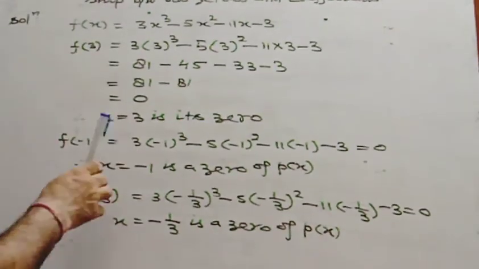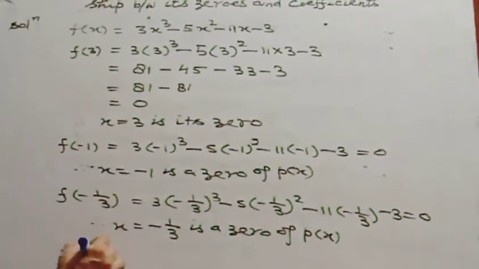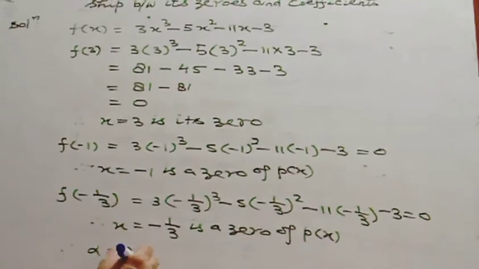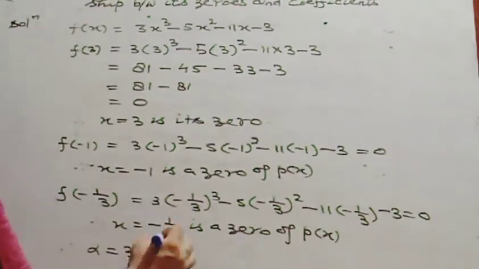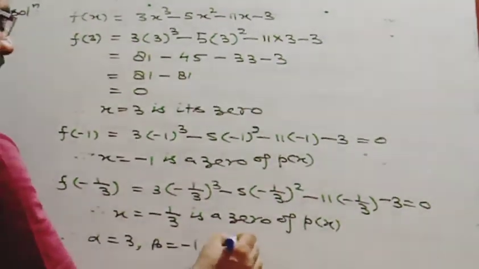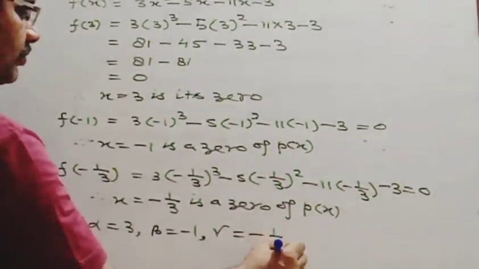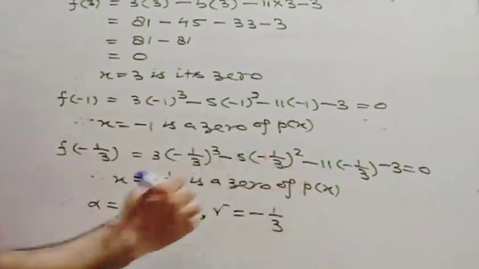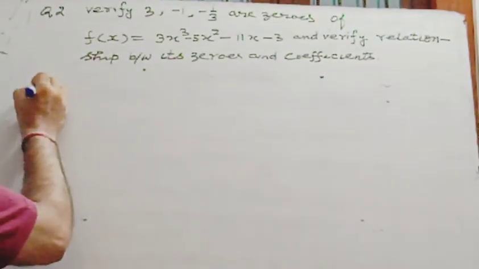Therefore the first value x is equal to 3, we take it as alpha. The second zero beta is equal to minus 1. The third zero gamma is equal to minus 1 by 3. Now verification.